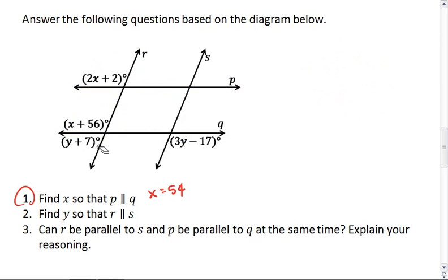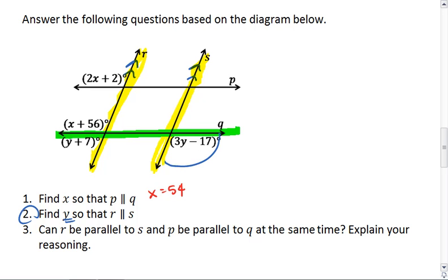Now we want to find y so that R is parallel to S. We'll use R and S as our parallel lines. And that means we will use Q as our transversal because we're looking at this angle here and this angle here.